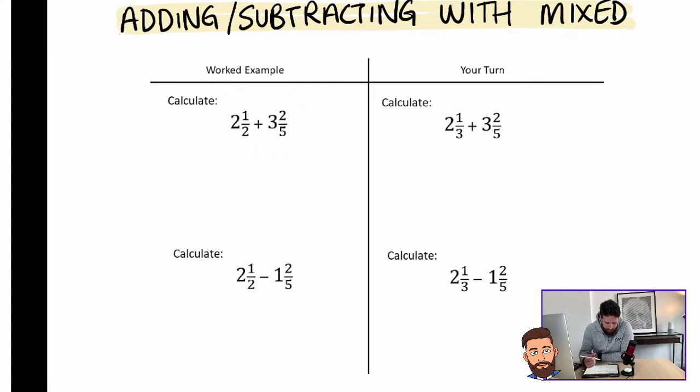So it's safer just to turn it into an improper top heavy fraction first, rather than trying to put whole numbers together, because it can get a little bit confusing when trying to apply that method to timesing and dividing, and students just get all confused. So whenever you see a mixed number, I want you to change it into a top heavy improper fraction.